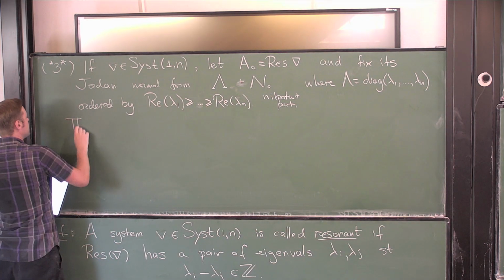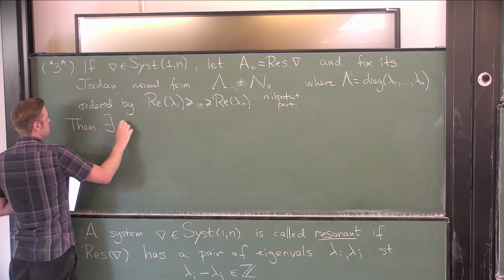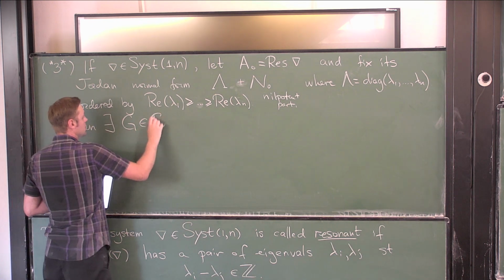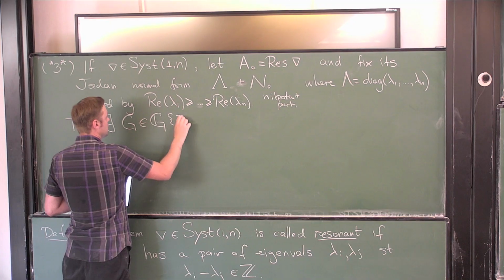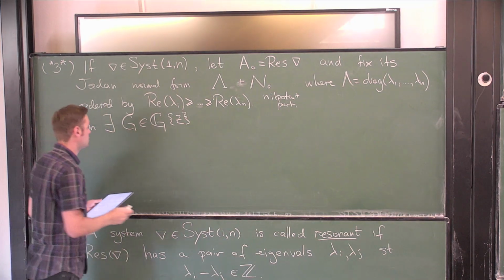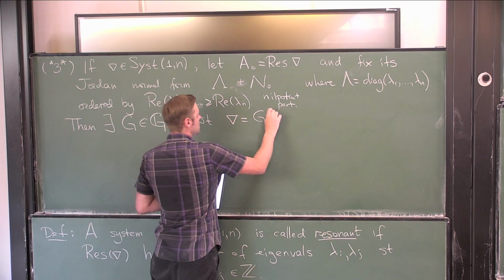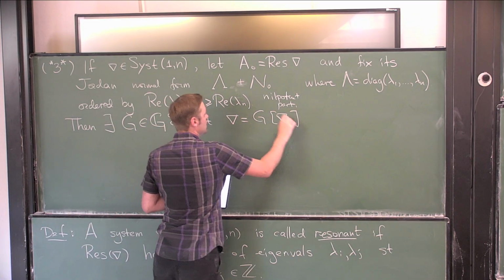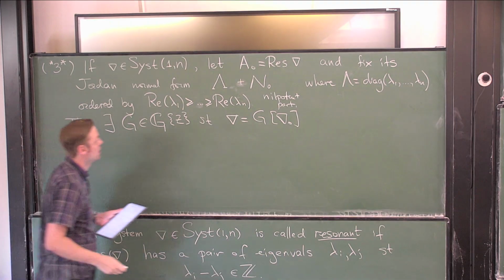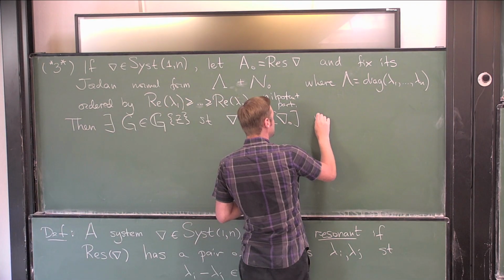So the statement is that then there is a gauge transformation which puts nabla in a normal form, and this normal form is of the following shape.